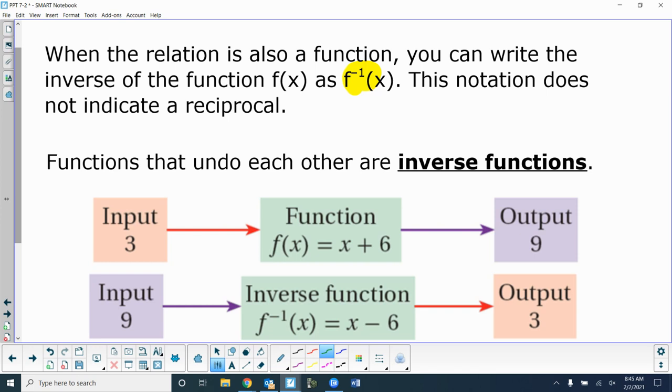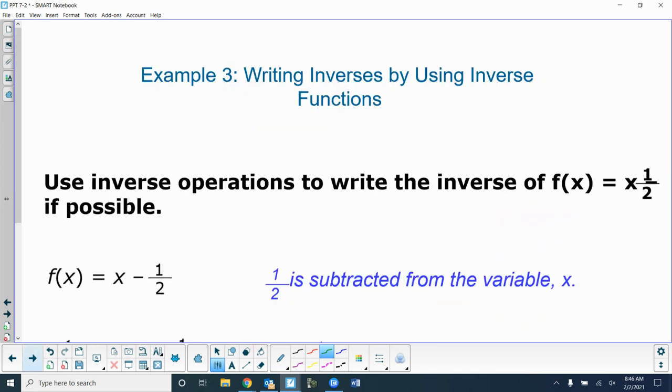So if I put 3 in, 3 plus 6 is 9, right? F inverse of x is x minus 6. So I put 9 in for x. What's 9 minus 6? 3. So they undo each other, right? Simple. Okay. Easy. No problem.